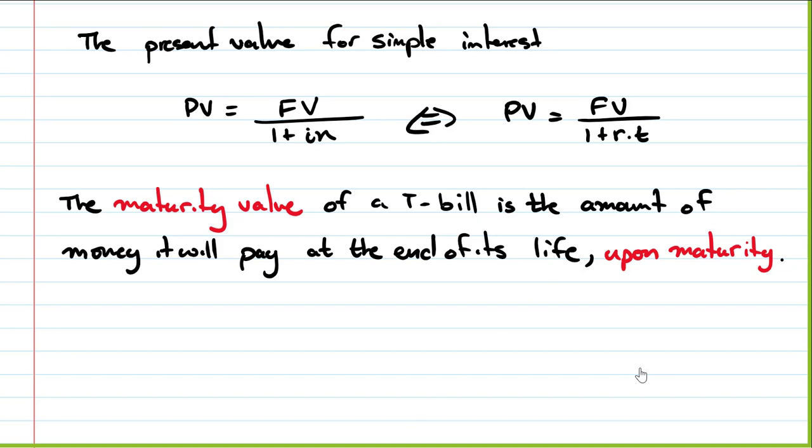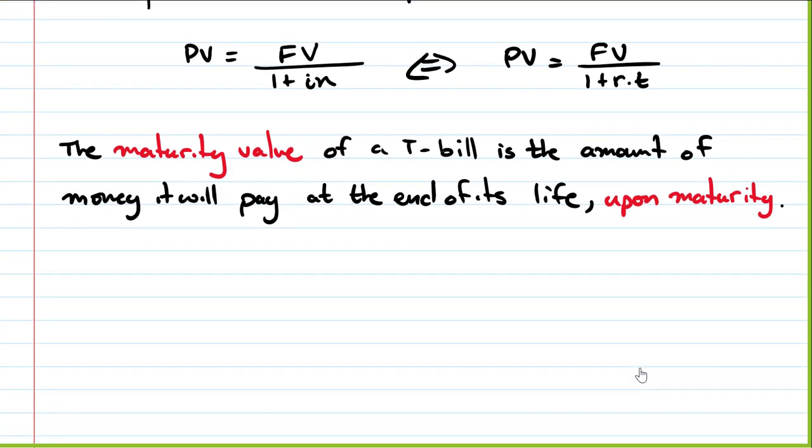So the maturity value is the value that a T-bill or another investment device will be worth when it reaches the end of its life, when payment is due. So the cost of a T-bill is less than its maturity value.